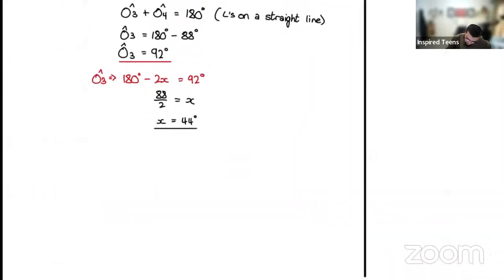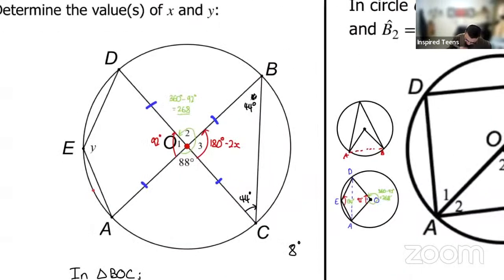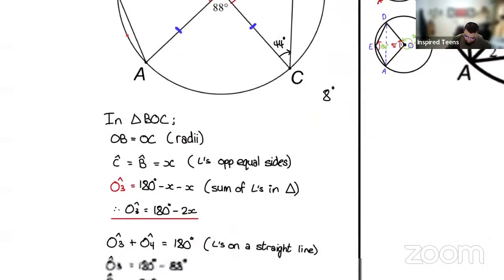So let's do that with reasons. I'm going to label it angle OAD, but it's the reflex angle. So you can label it reflex O1.